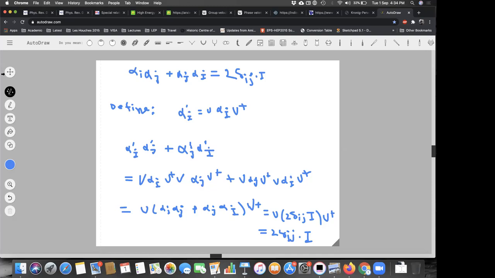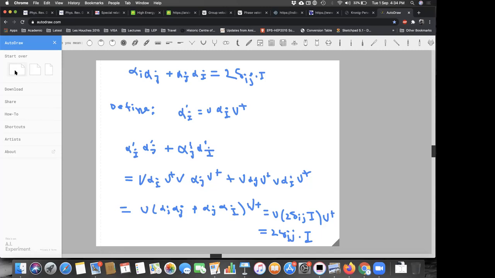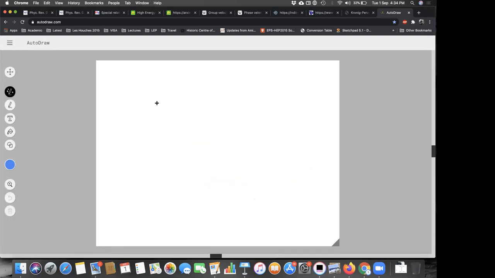So another possible choice for this alpha and beta in 4 dimensions is this, where beta is not diagonal. So one of the alphas is diagonal. For example, let me see.